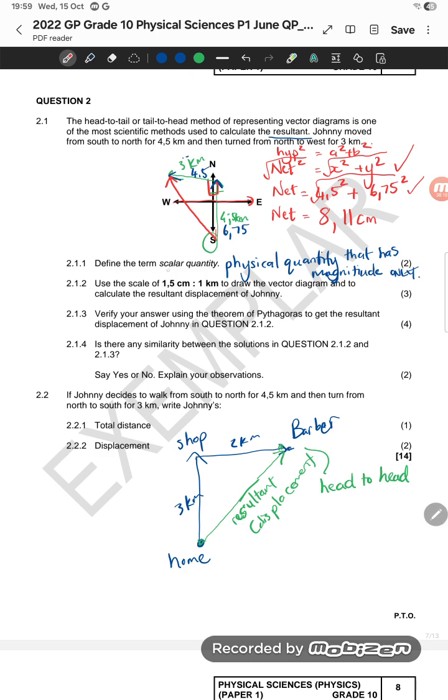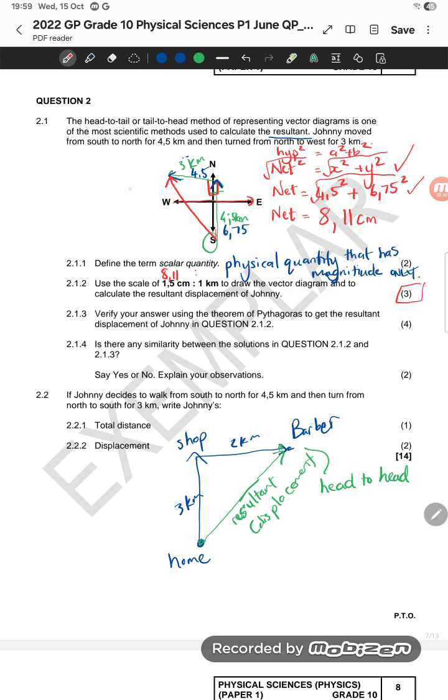This was used to calculate the resultant displacement, it's for 3 marks, so you should be able to say 8.11 centimeters, but we do want to find that out in terms of, oh wait, it says here verify your answer.